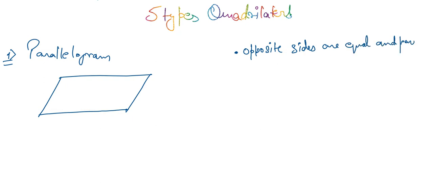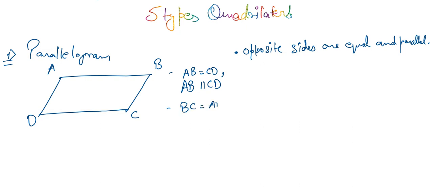Which means if I label A, B, C and D, I would have AB equal to CD as well as AB parallel to CD. And side BC would be equal to AD as well as BC parallel to AD. So this is my most important property of a parallelogram, which you have to remember at any cost for solving any parallelogram question.